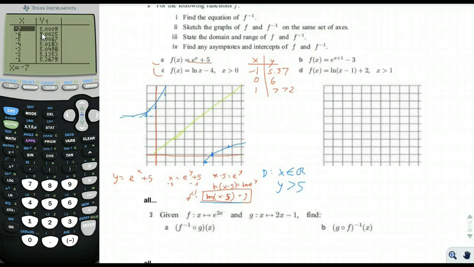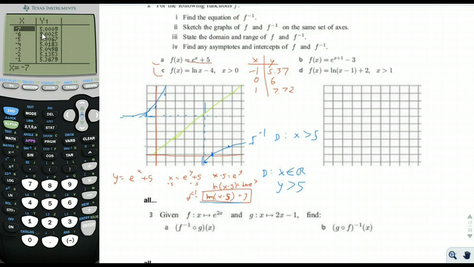So now find any asymptotes and intercepts. Well, the asymptote, remember, of the exponential function is y equals 5. For the inverse function, the domain would be x is greater than 5, right? Because this would just be a reflection, 1, 2, 3, 4, 5.